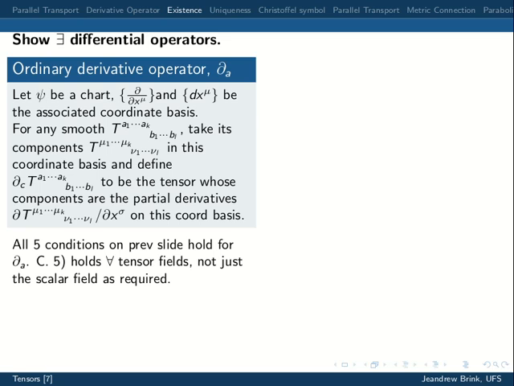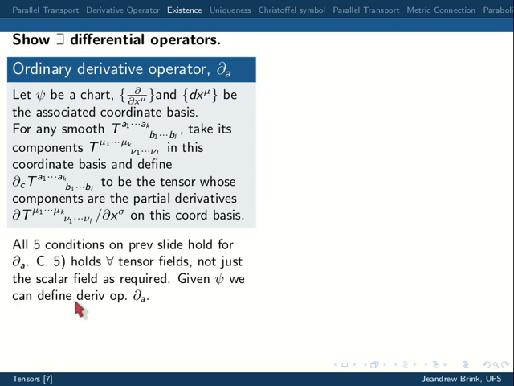Okay? And also, if you go to a different chart, your actual tensor's components don't transform using the nice component transformation rule. So even though we now have an ordinary derivative operator that satisfies the other axioms, it doesn't behave nicely.